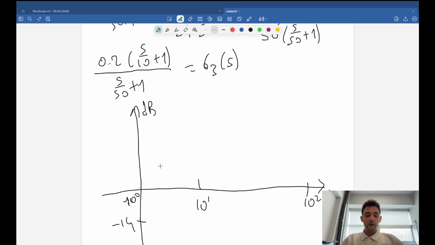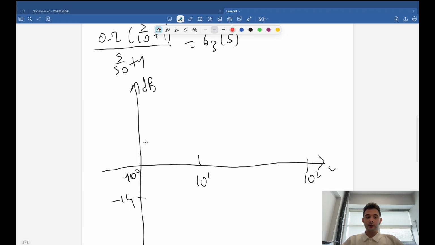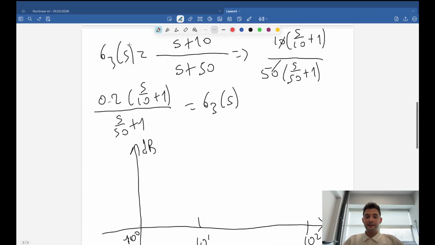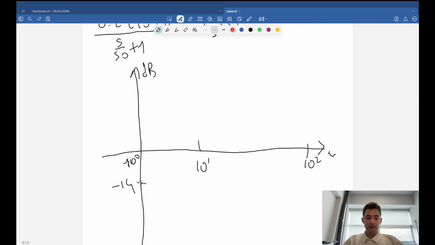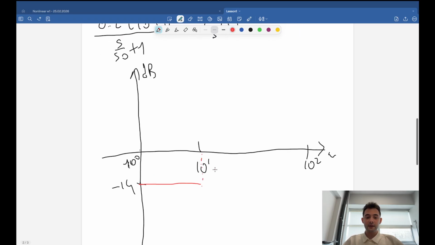So we will start from minus 14, okay? And until 10, it will go as a straight line. Since we have a zero at the point 10, it will start to go upwards. By the way, we will not find the exact value, okay?